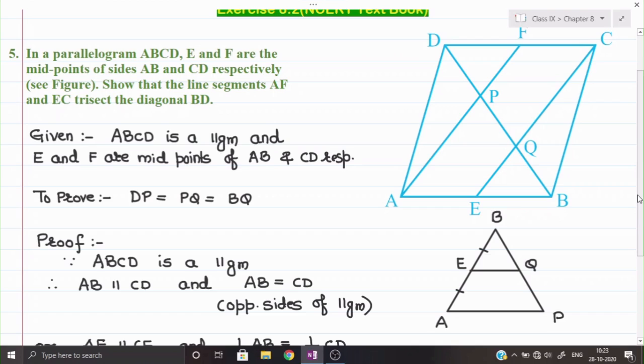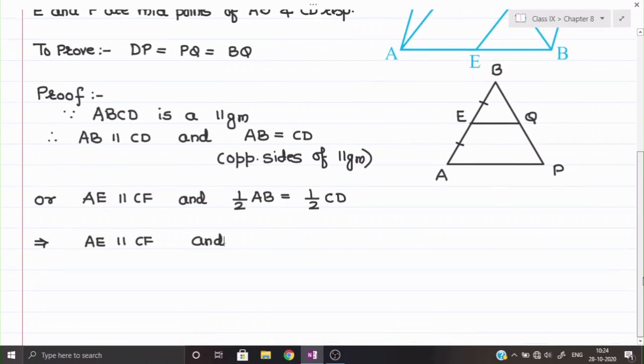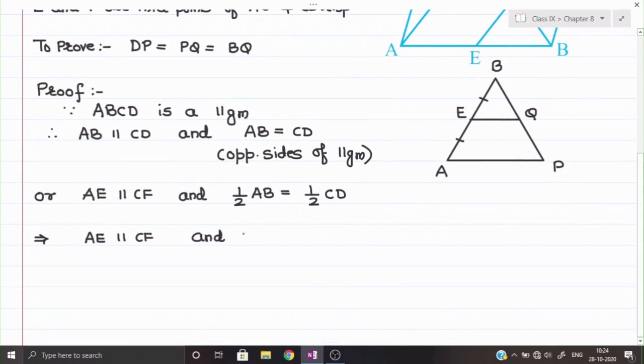Similarly, F is a midpoint of CD. So CF and DF will also be half of CD. So in place of AB we can write AE, and in place of CD we can write CF. So here it will come AE is equal to CF.